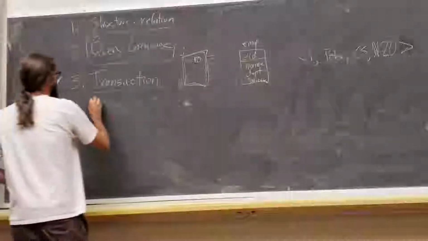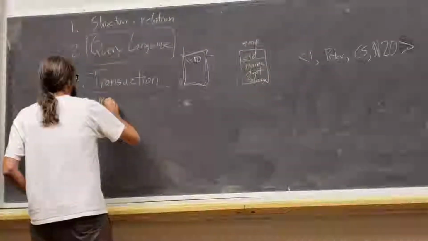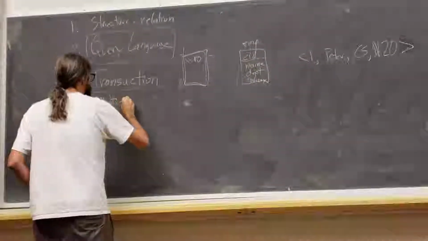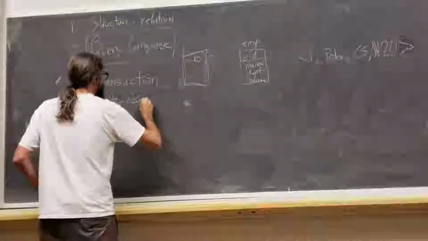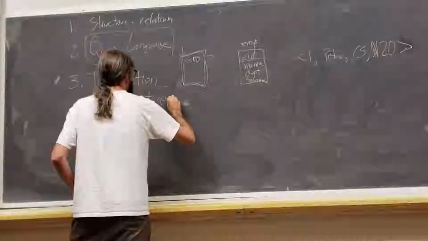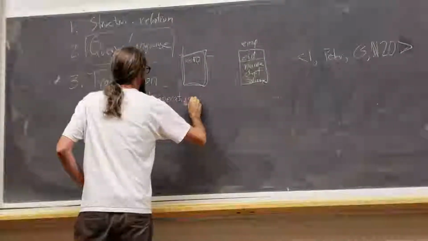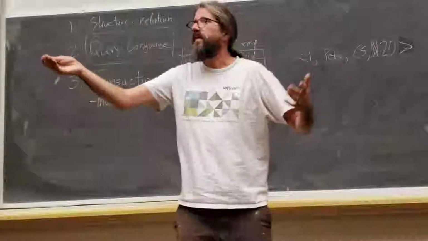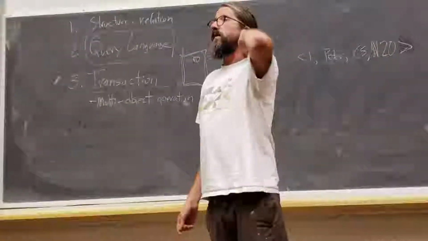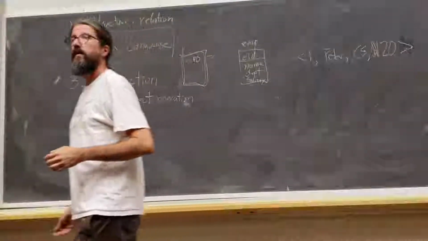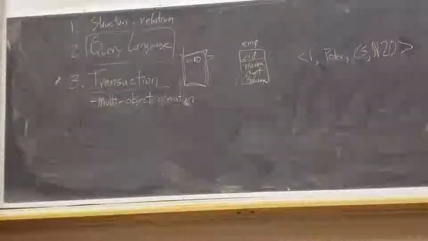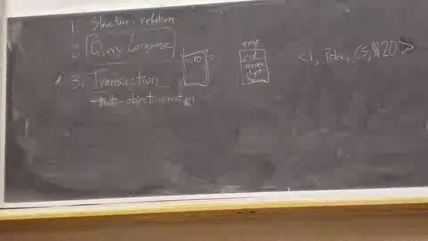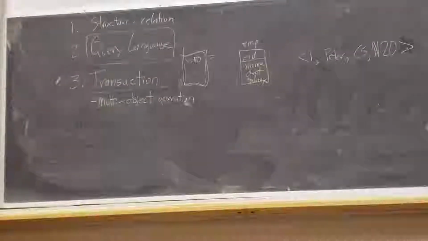The first and maybe most important one is that transactions allow us to talk about multi-object operations, right? Like in a transaction, I might want to say, what's the example we've already looked at actually? I want to move money from one account to another. Well, there's no move primitive, but what you have is deletion and insertion. So I would like to delete from this thing, and I would like to add to this thing.